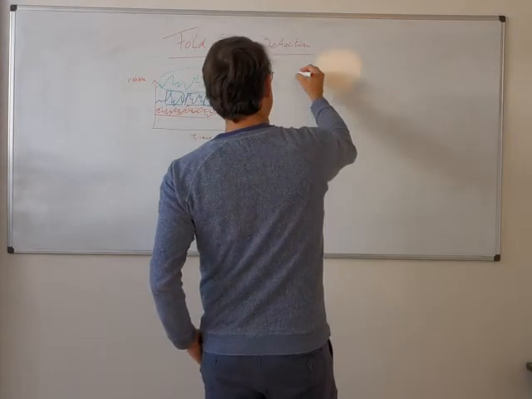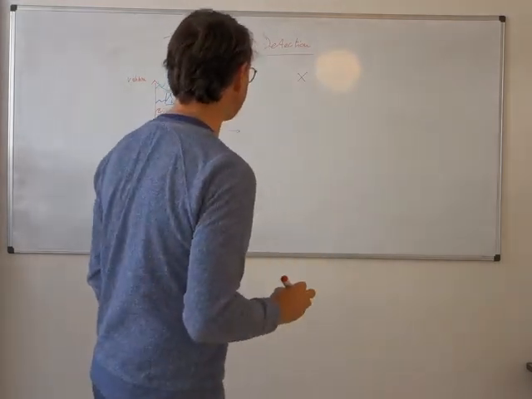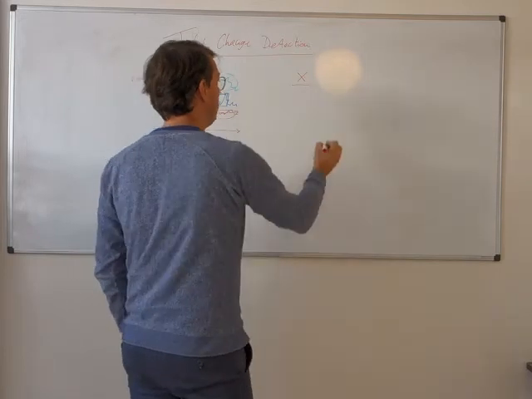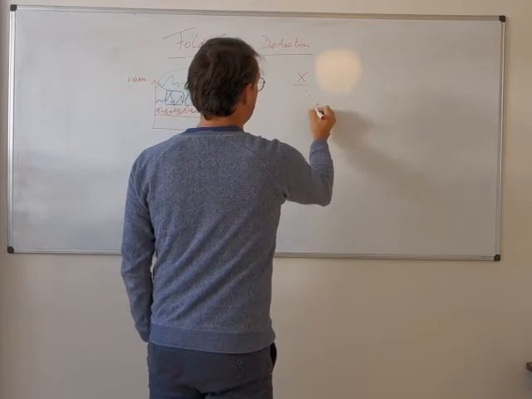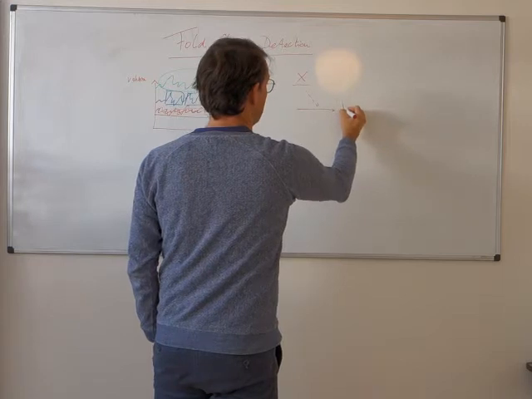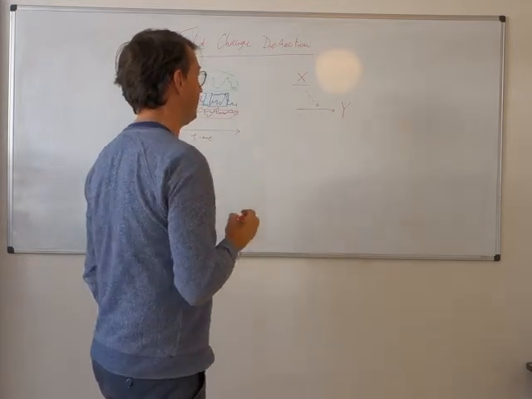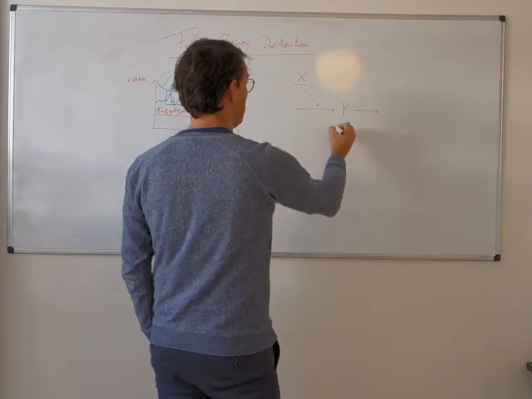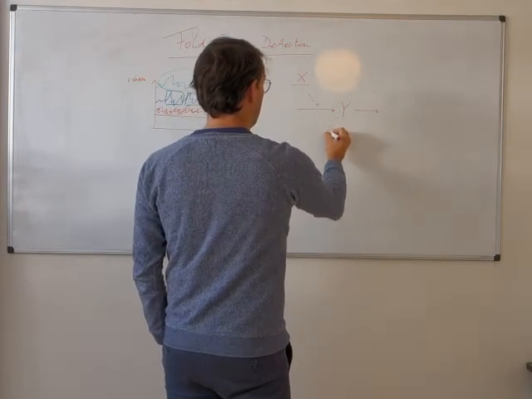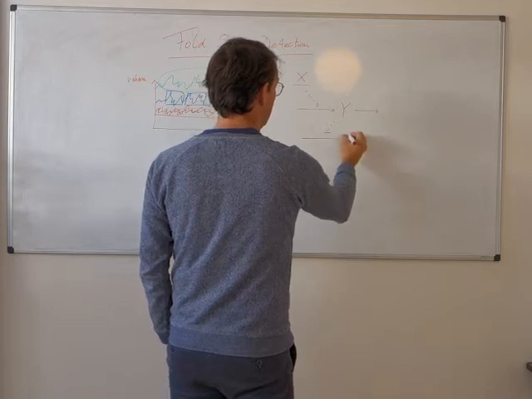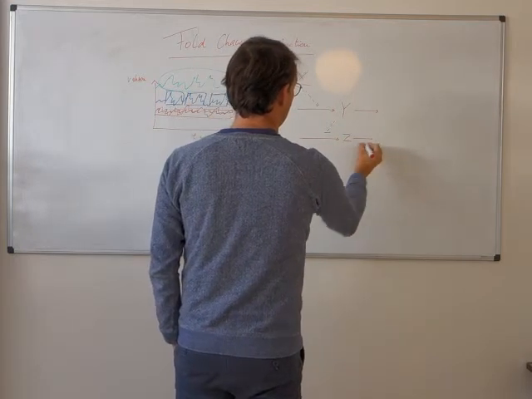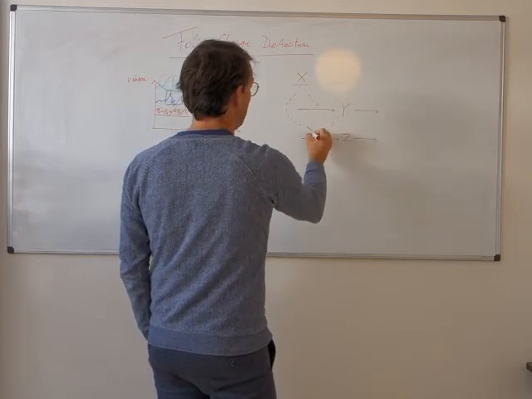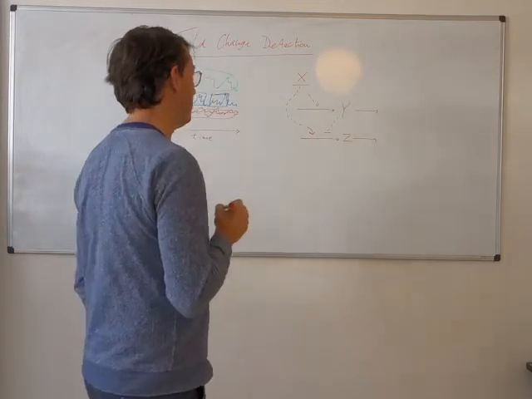Let's say we have a signal X, and that is some molecule concentration that we consider fixed, and this signal activates a reaction that synthesizes another molecule Y, and Y is also broken down. Y inhibits the synthesis of Z, and Z is also broken down, and the synthesis of Z is also activated by X.